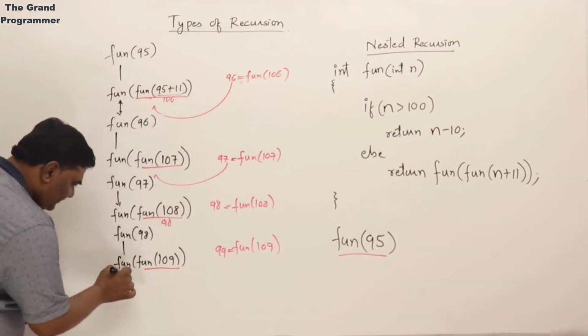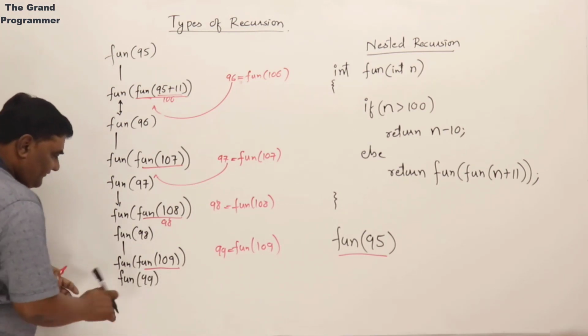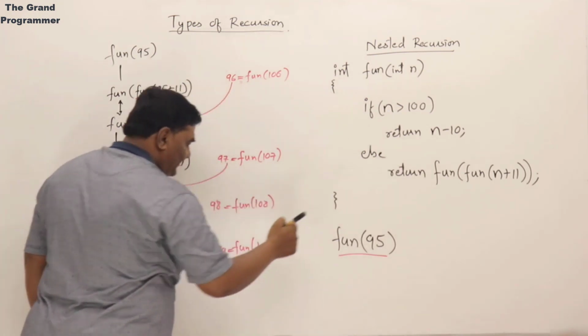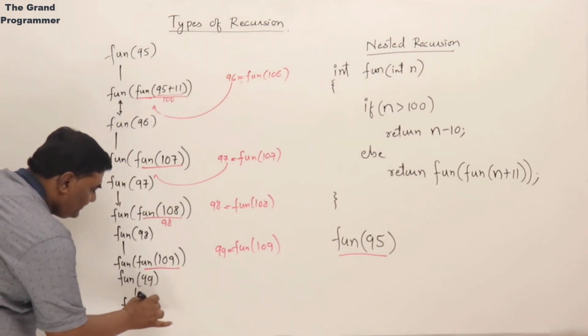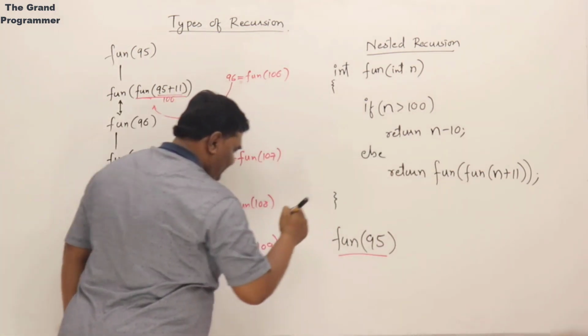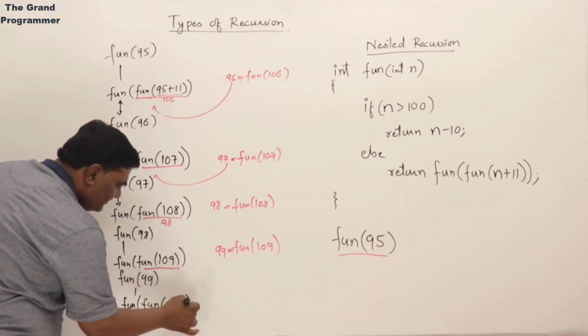So this is fun of 99. Fun of 99 is not greater than 100, so it will go into the else part. So fun of 99 plus 11, so this becomes 110.